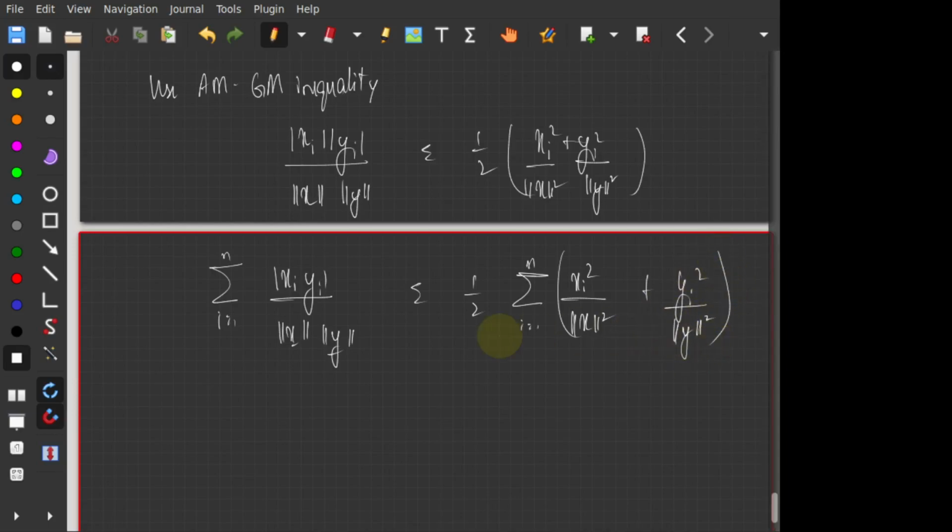What is the right hand side going to be? 1, right? The summation of this is going to be 1, and this is going to be 1. So 1 plus 1 is 2, and the 2 and 2 cancel.